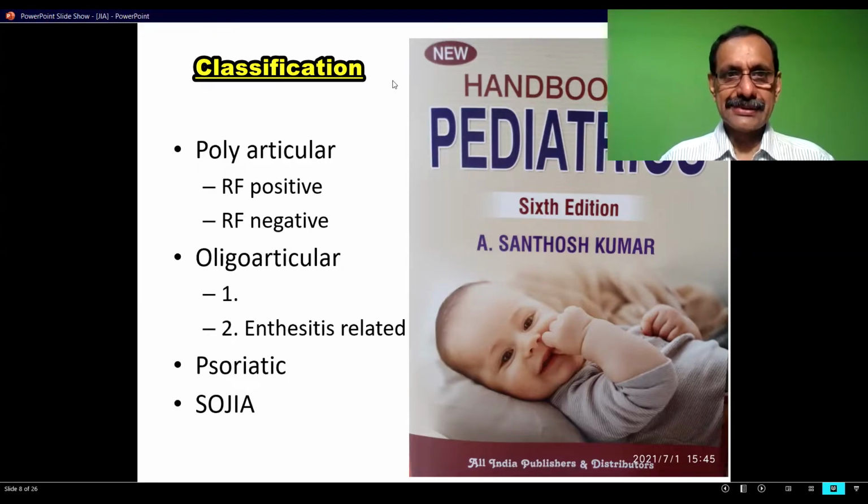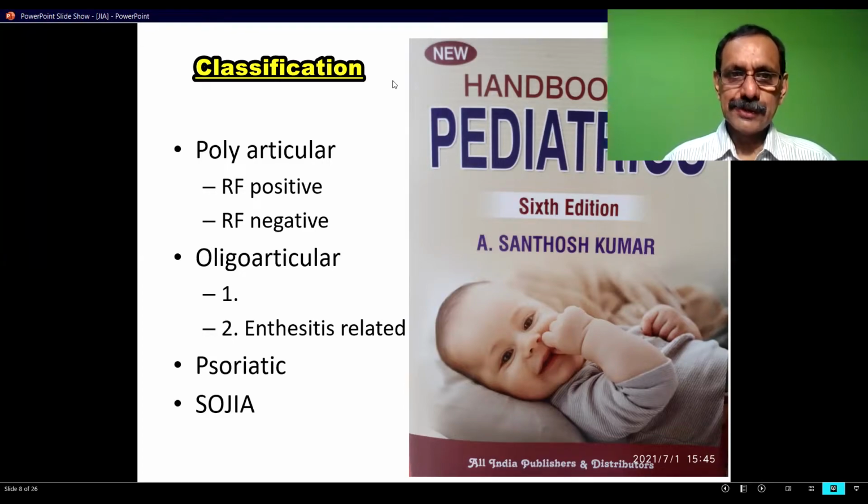In this, there are 2 classifications. One subclass will be rheumatoid factor positive, another subclass will be rheumatoid factor negative. The second group is oligoarticular juvenile idiopathic arthritis, of which there is one subclass which is called enthesitis related JIA. Enthesitis means tendon insertions.